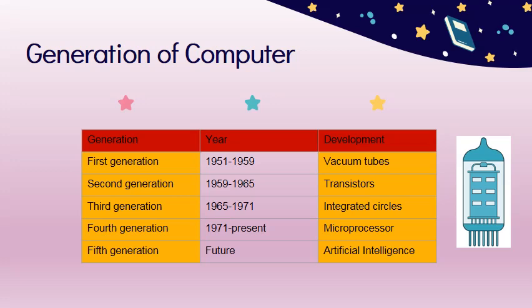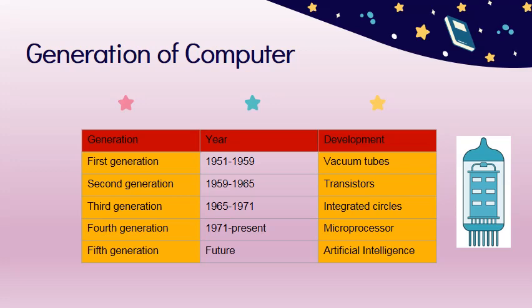The computers developed since 1971 up to present are called fourth generation computers. These computers use microprocessors. They are smaller, portable, and cheaper. They use less electricity and produce less heat.